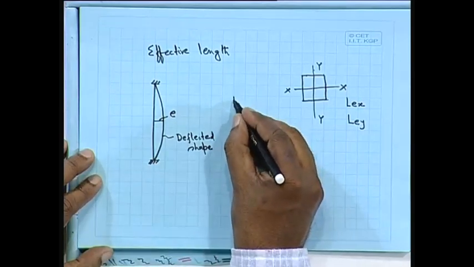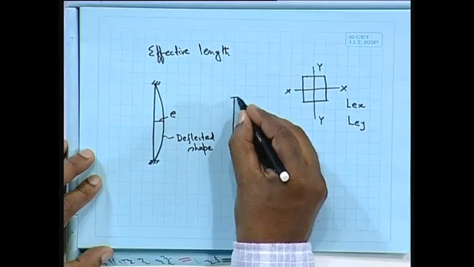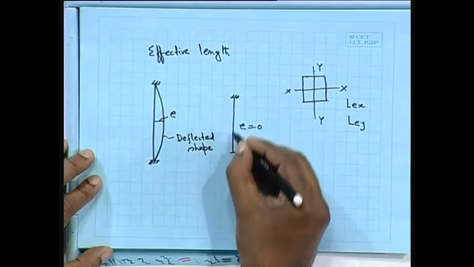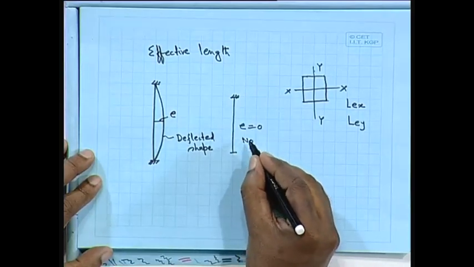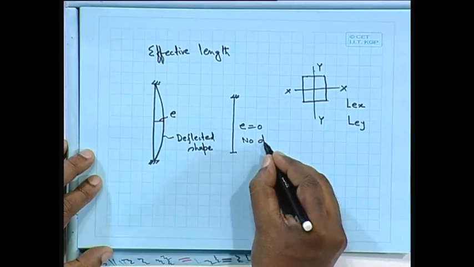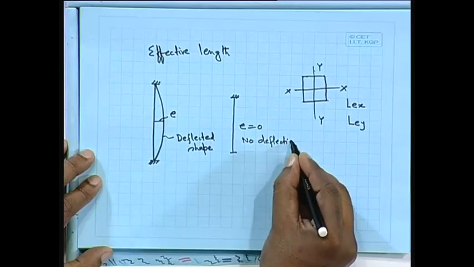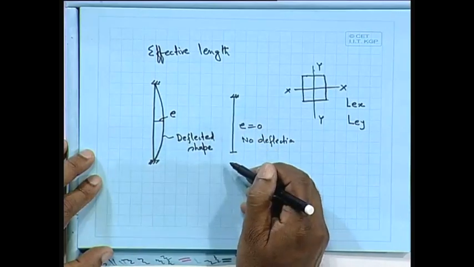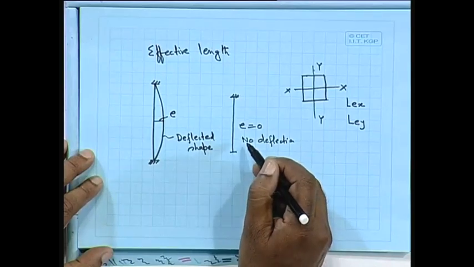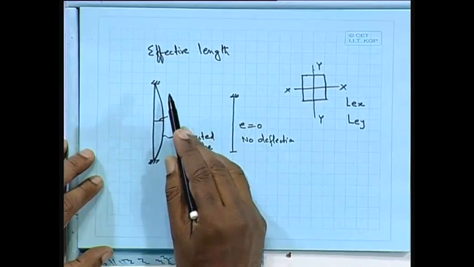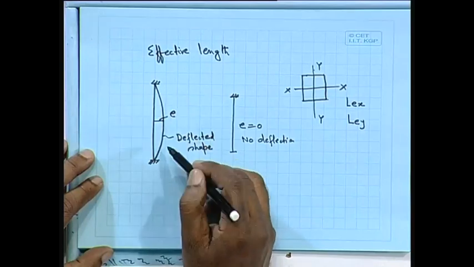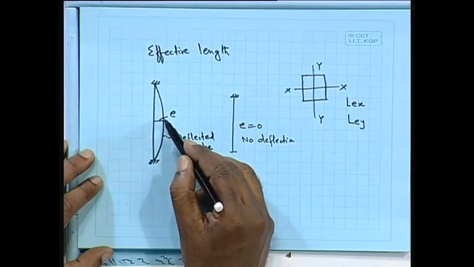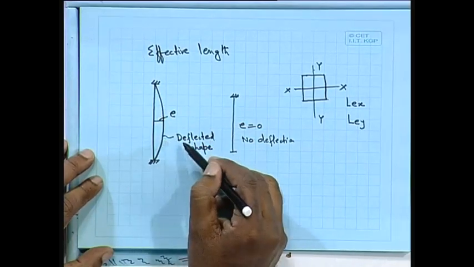Whereas in the short columns that we have designed so far, we assume there is no deflection due to the load, that means no buckling. So whatever moments or axial forces develop on the column are due to applied load only. But here, in addition to the analysis results, you have to take care of a certain load or moment due to this deflected shape.